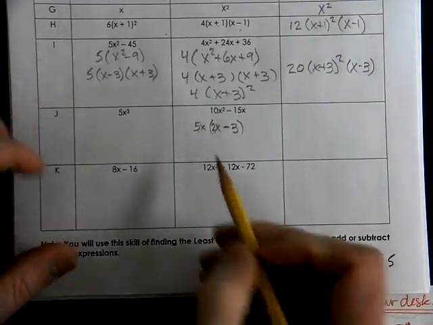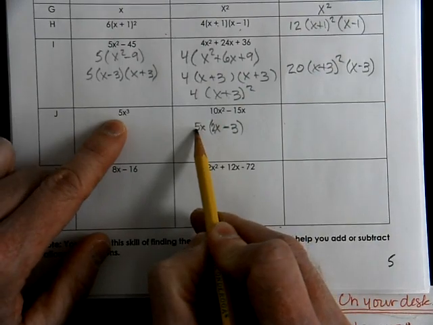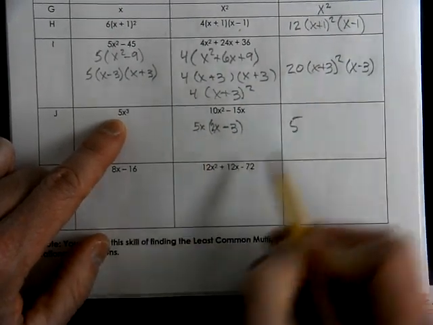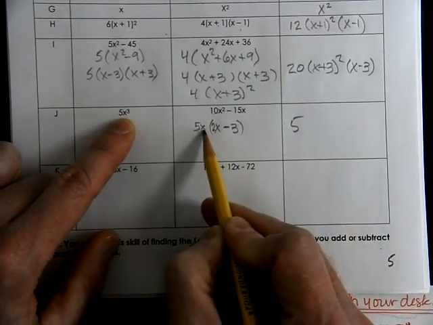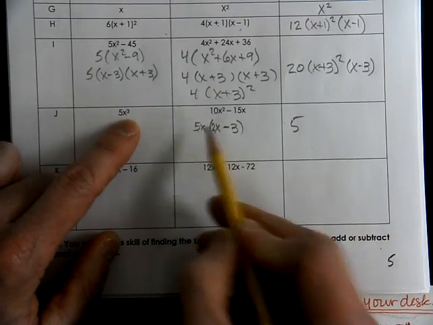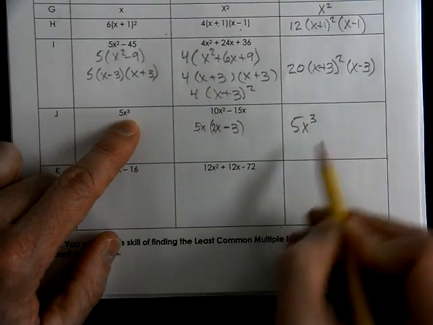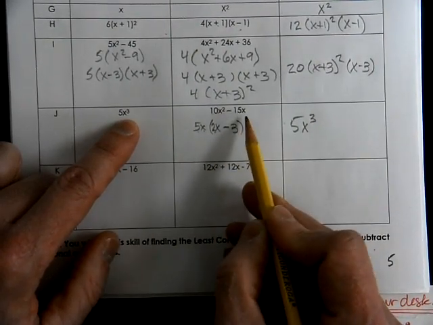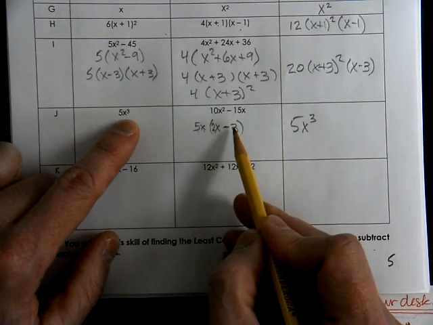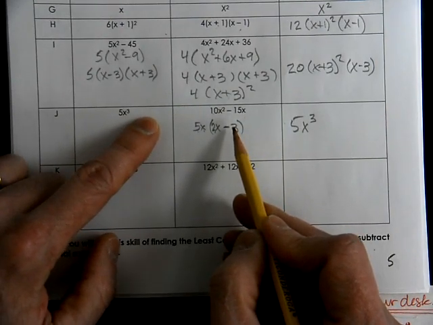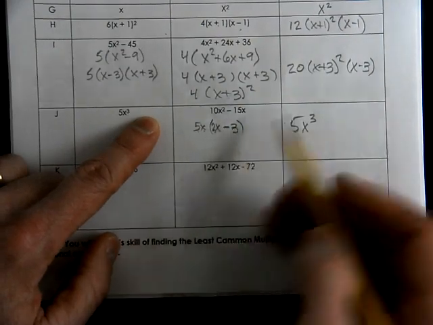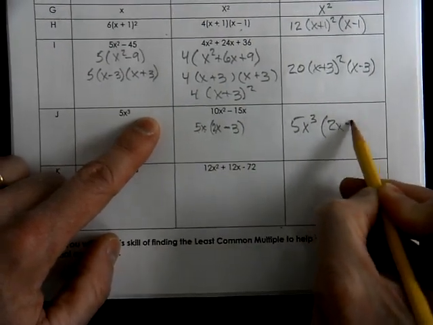That would be 2x. So our terms that are the same here, the 5's. The other terms that are the same, the x's, you take the larger exponent. Then you can consider the 2x minus 3 to be to the first power. And this kind of has a 2x minus 3 to the no power because it's not even there. So the larger exponent would be 2x minus 3.